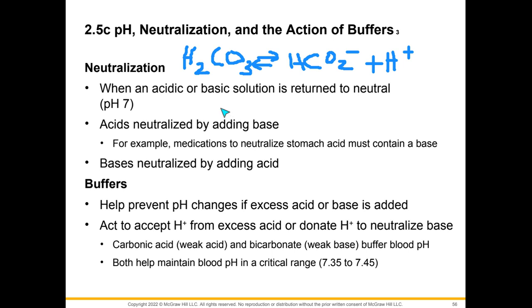That's why the best buffering system in our body is carbonic acid. This allows us to maintain our physiological pH of 7.35 to 7.45. I'm not sure if that's going to be an exam question, but at some point, you should know the physiological pH in our body is 7.35 to 7.45.